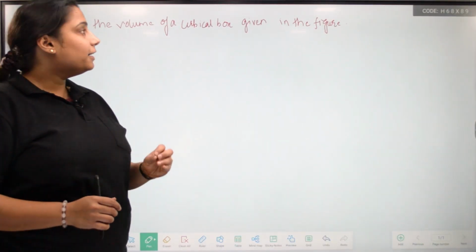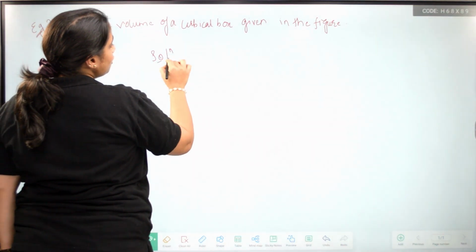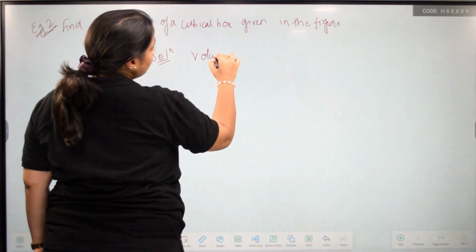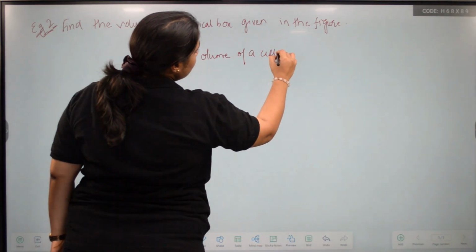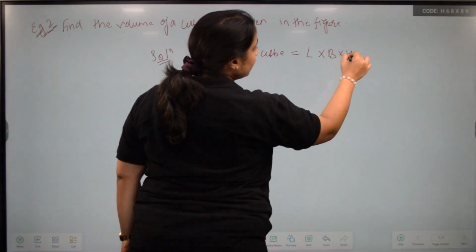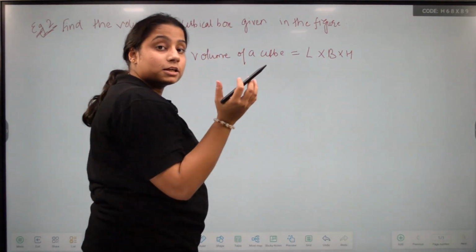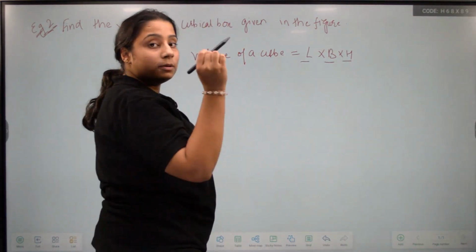Example 2. Find the volume of a cubical box in the figure. Solution. We know that the volume of a cube is equal to length into breadth into height. In the case of a cube, the length, breadth and height will be the same.